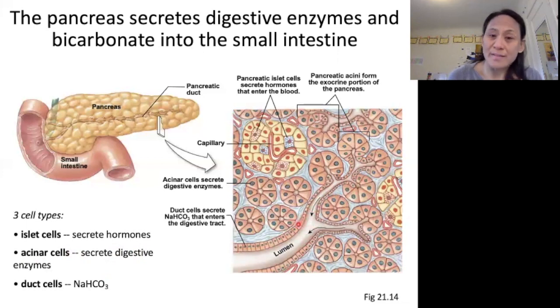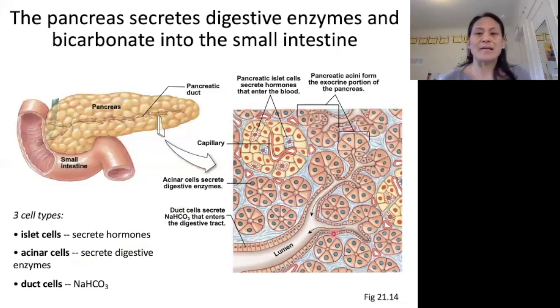Those are called duct cells, and they secrete bicarbonate. Also, since we have three cell types listed here, I should mention again, we have these cells in the islets, the islet cells, and those are going to be secreting hormones.